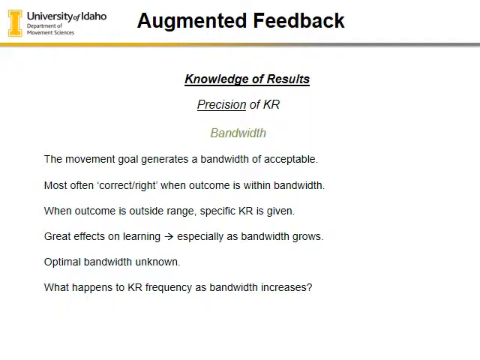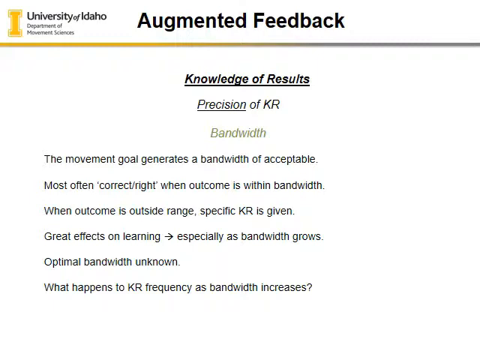So sometimes if we're shooting at a bullseye and we're within a certain area, we don't give that knowledge of results feedback because they're within it. If they're too far out of that bandwidth, then we give them a time or a distance at which they were missing.